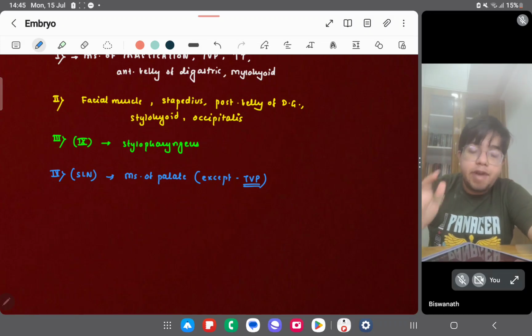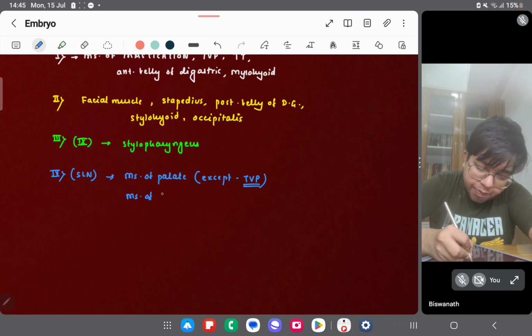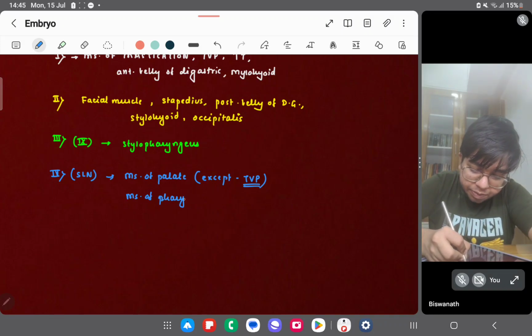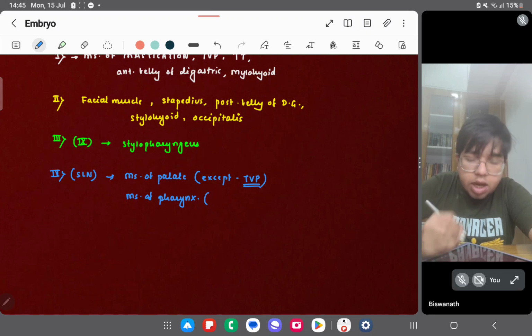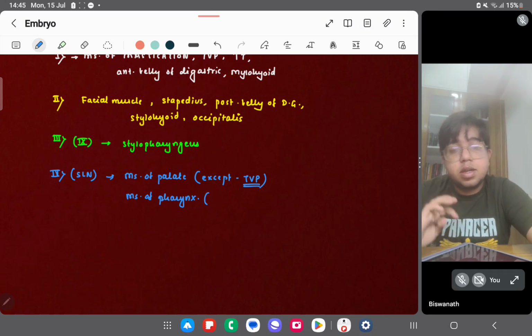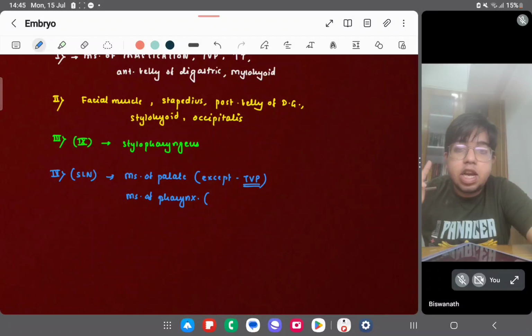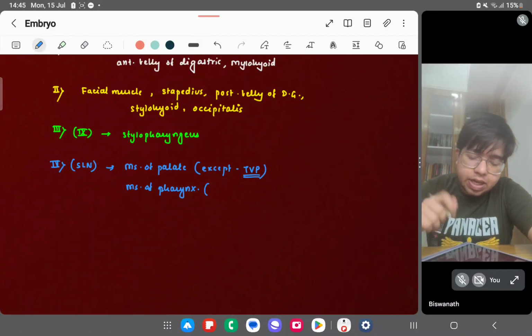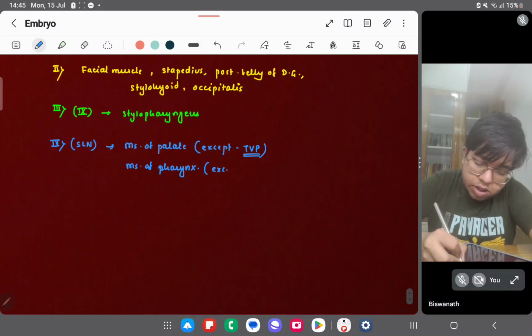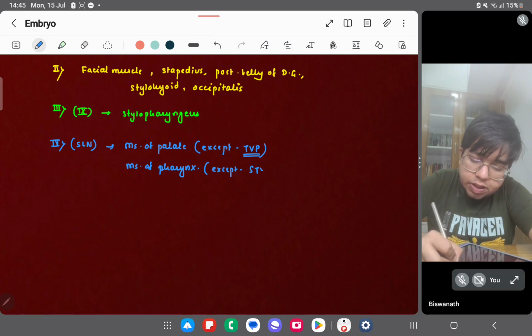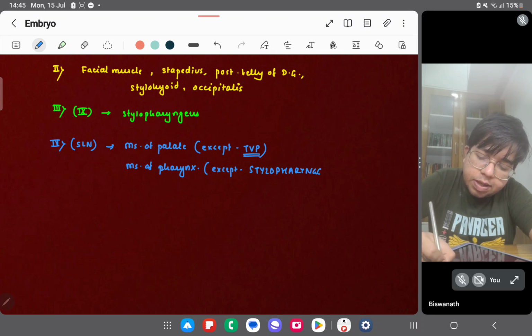All the muscles of pharynx, every muscle like the constrictors and all. Okay, except which two muscles? Stylopharyngeus and cricopharyngeus. Except stylopharyngeus. Stylopharyngeus is supplied by your third arch, right?